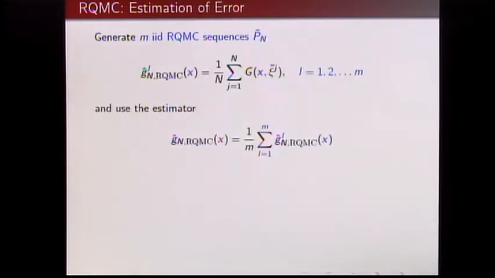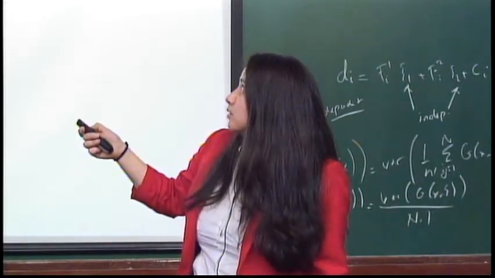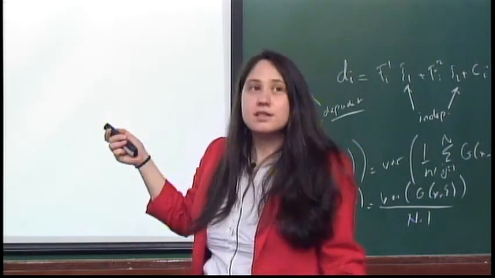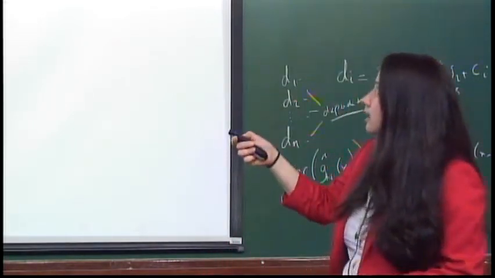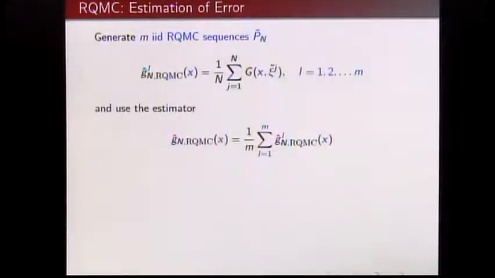Now, once we do this randomization, again, how do I get the errors? This is a typical way when I don't know the distribution: I can create M of them, right? Let's call them randomized sequences with N sample points. Then for each one, I create my estimator.